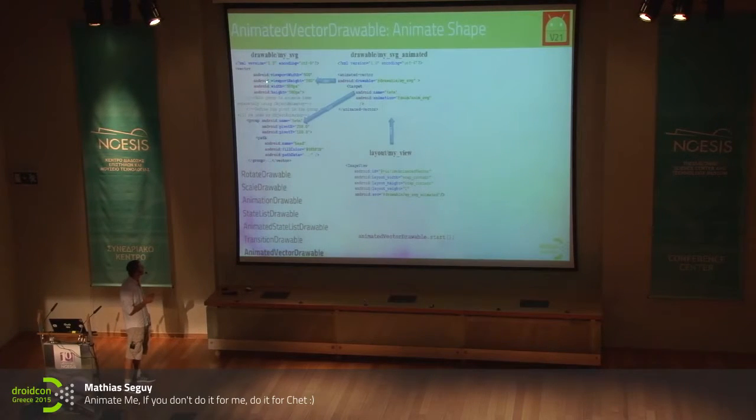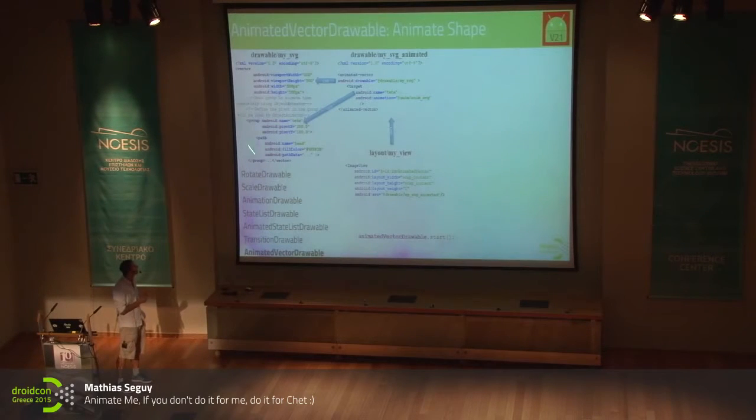And as it's a vector, we have the viewport width and height, and we have group and path. The paths are the shapes of your drawable, in a vector point of view. You can group those shapes to make a group. Okay, and you can have animation on the group or on the path.